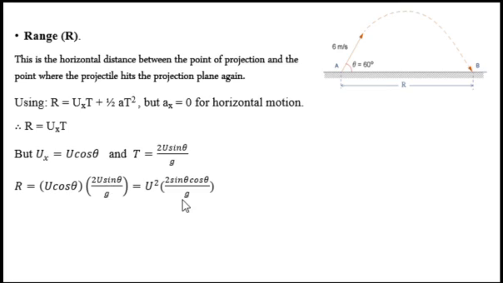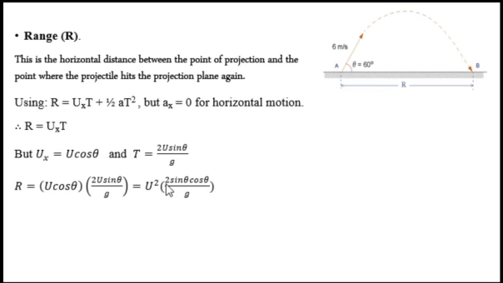Now under trig identity, 2 sin theta cos theta is equal to sin 2 theta. We are going to see that when we talk more about identities. So let's just take it in this discussion that 2 sin theta cos theta will give us sin 2 theta.